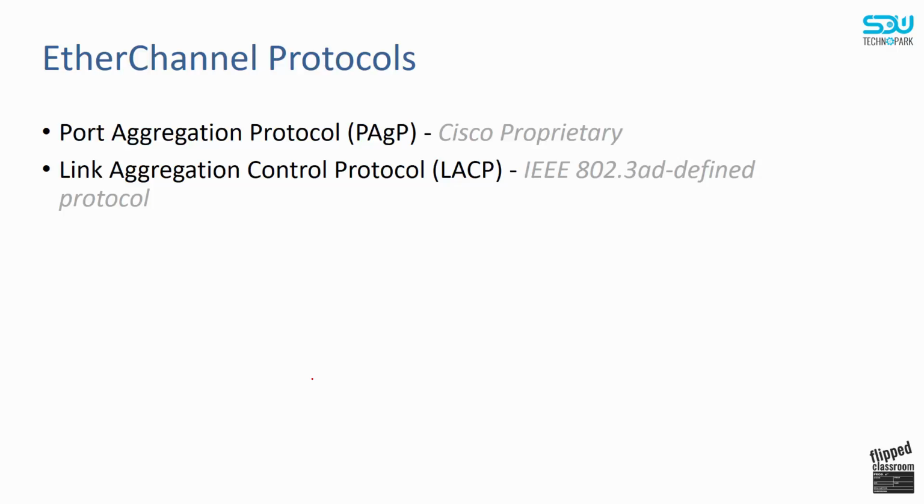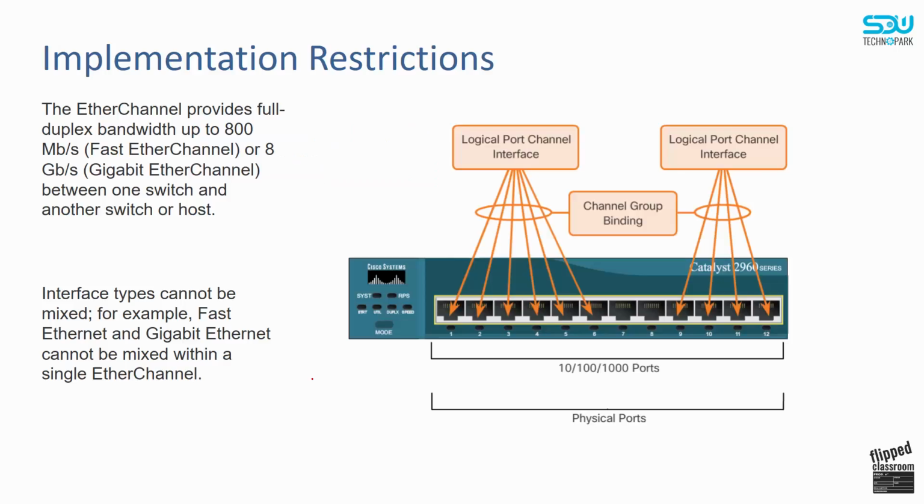They are Port Aggregation Protocol, PAgP, which is a Cisco proprietary protocol and can work only with Cisco equipment, and Link Aggregation Control Protocol, LACP, which is an IEEE 802.3 standard protocol and can work with multiple vendors. In fact, these two protocols do the same job, and they have different names in the port statuses, but the job done by them is absolutely the same.